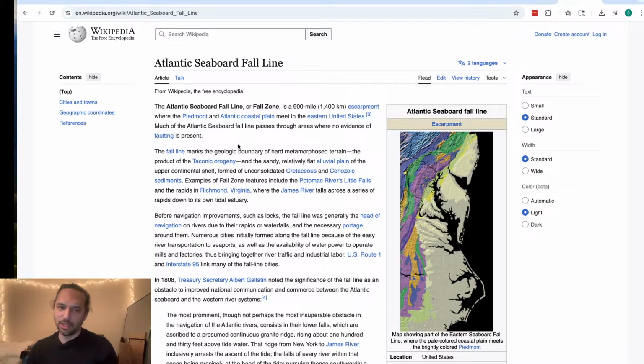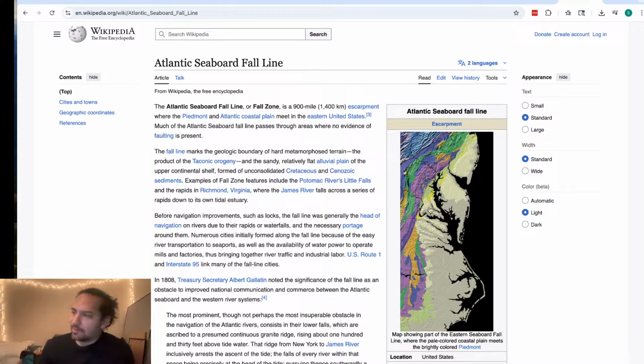The Fall Line marks the geologic boundary of hard metamorphosed terrain, the product of Taconic orogeny, and the sandy, relatively flat alluvial plain of the upper continental shelf, formed of unconsolidated Cretaceous and Cenozoic sediments. Examples of Fall Line features include the Potomac River's Little Falls and the rapids at Richmond, Virginia, where the James River falls across a series of rapids down to its own tidal estuary.